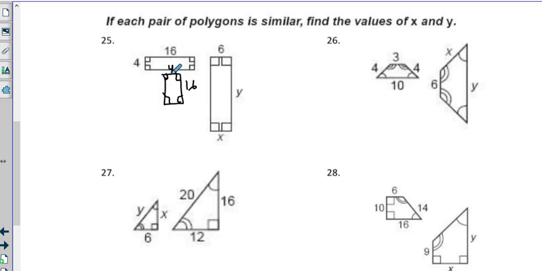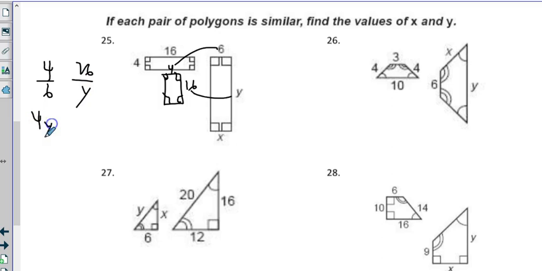Okay? So 4 compares to 6, the same as 16 compares to y. So 4 to 6, 16 to y. Now I just cross multiply.